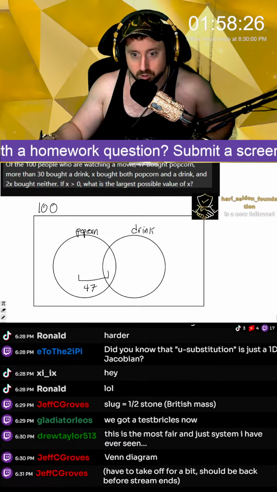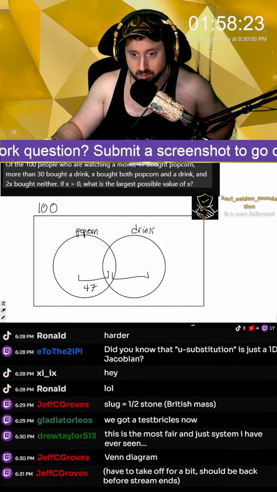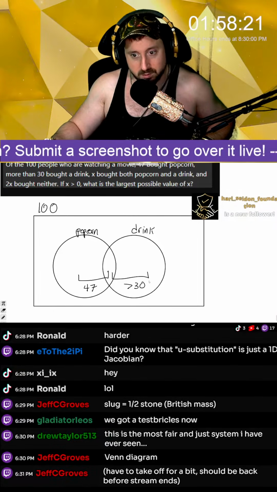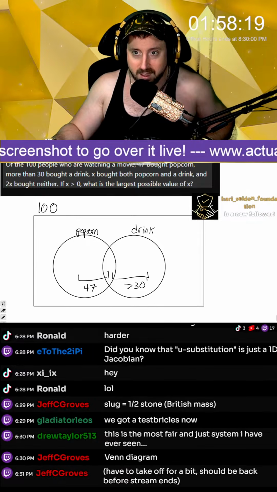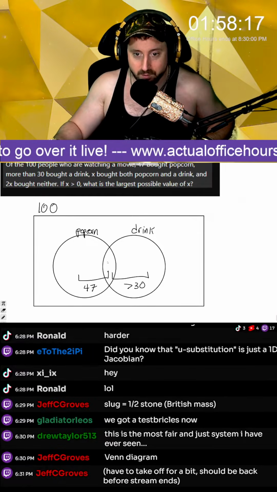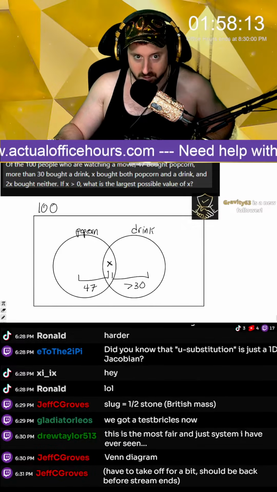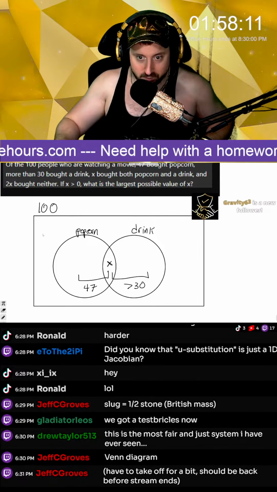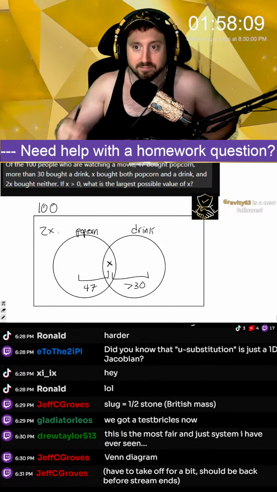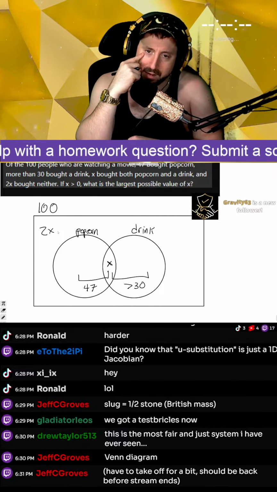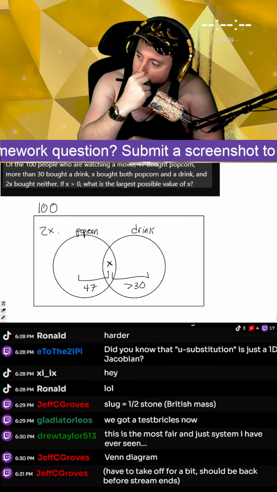More than 30 bought a drink, so this is more than 30. X bought both popcorn and a drink, so this is X. And 2X bought neither, so 2X are outside here. If X is greater than 0, what is the largest possible value of X?